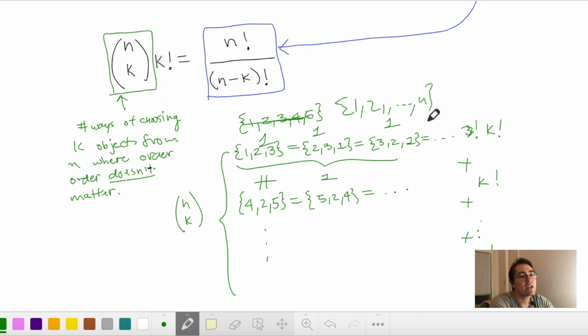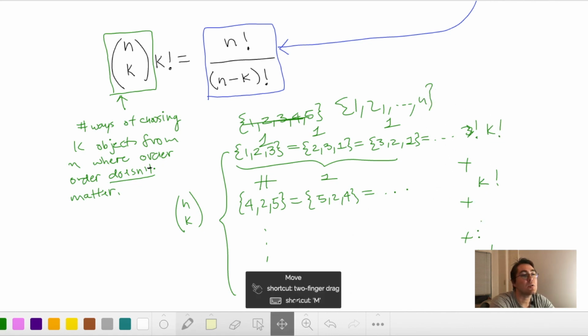But now look what I actually have over here. I have all the ways of picking 1, 2, 3, and its permutations. All the ways of picking 4, 2, 5, and its permutations. And I'm doing this for each unique selection of 3 elements from my set. In other words, when I'm adding up all the k factorials, what I'm really saying is all the number of ways of picking k elements from n where order does matter.